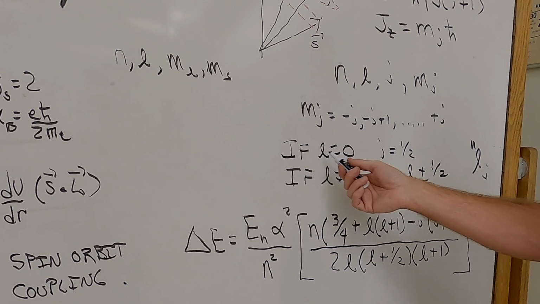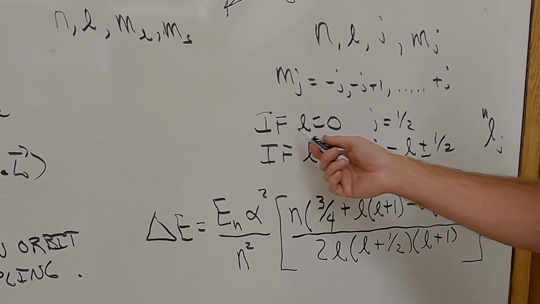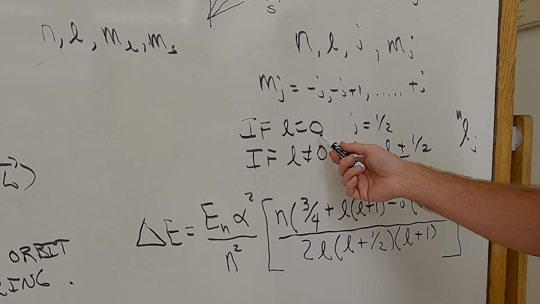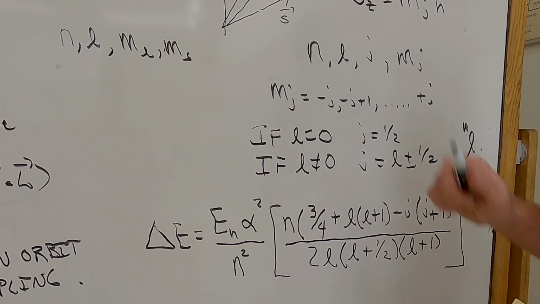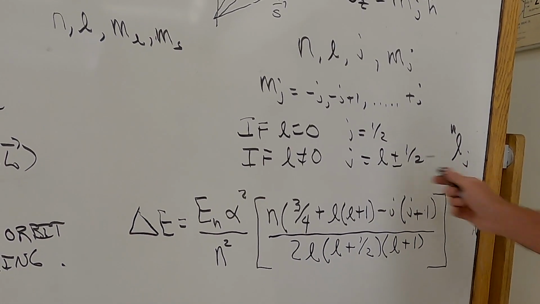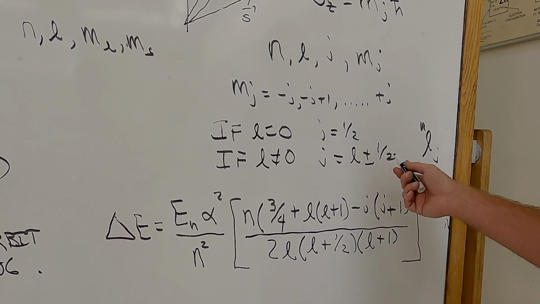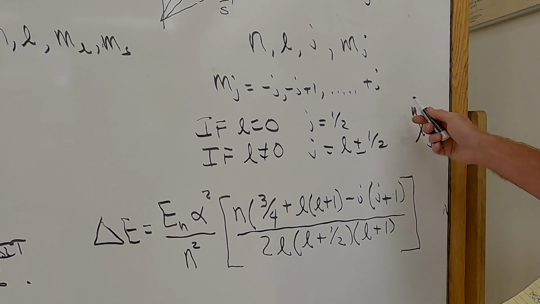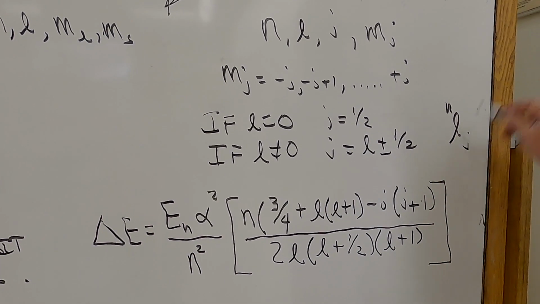The range of j is: if l is equal to 0, then j can only be 1/2, and if l is not equal to 0, then j can be l plus or minus 1/2 only. Our spectroscopic notation was usually n l sub j.